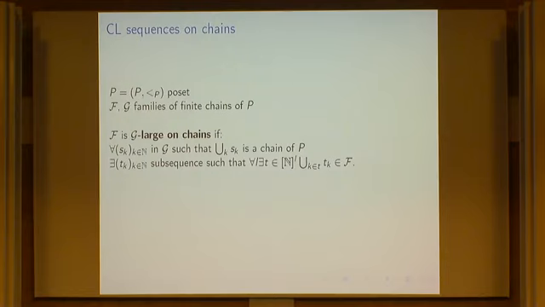So whenever I have a sequence in G such that the union is a chain in P, there is a subsequence such that I have these arbitrarily large unions of elements of the subsequence in F. Subsequence of what? Subsequence of S_k, sorry.